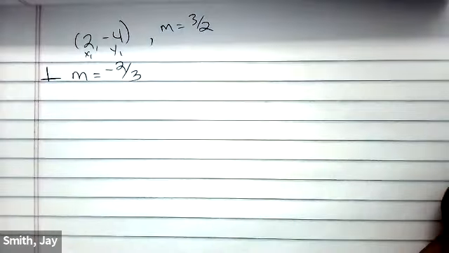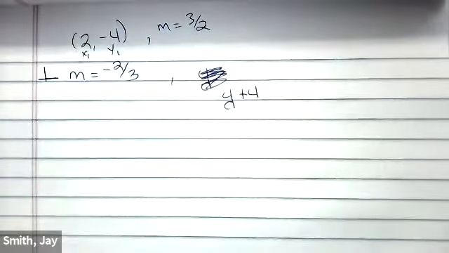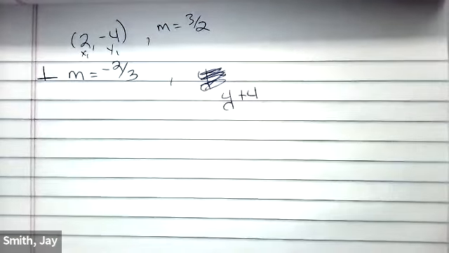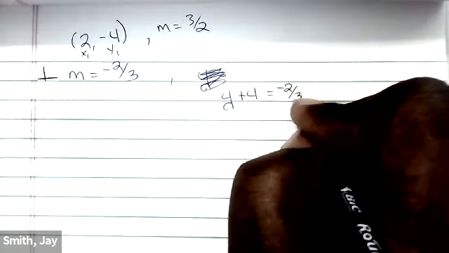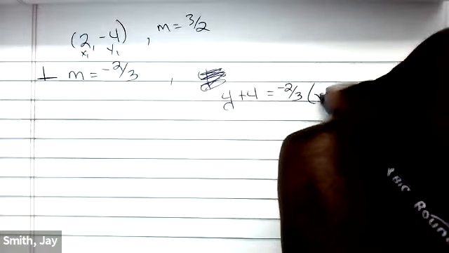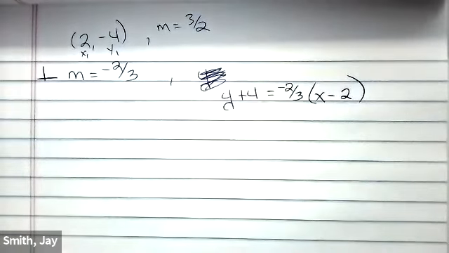So this will be x1, y1, just in case we haven't picked that up yet. So we will have y minus y1, or in this case, y plus 4, because if we subtract a negative, y minus -4 is y plus 4, is equal to our slope, -2/3, times x minus x1, or in this case, x minus 2.